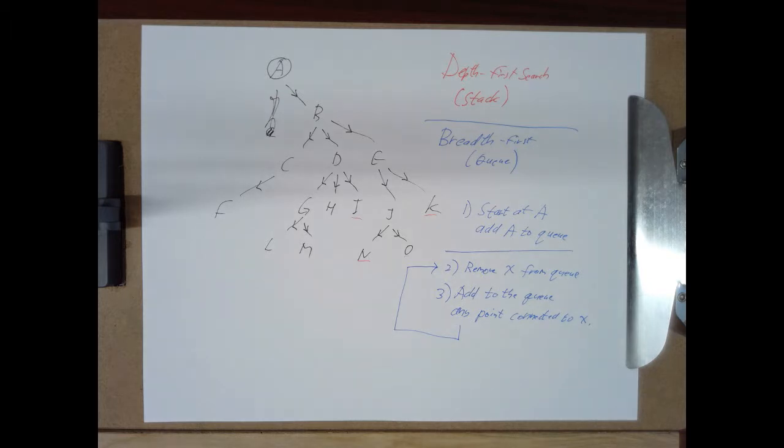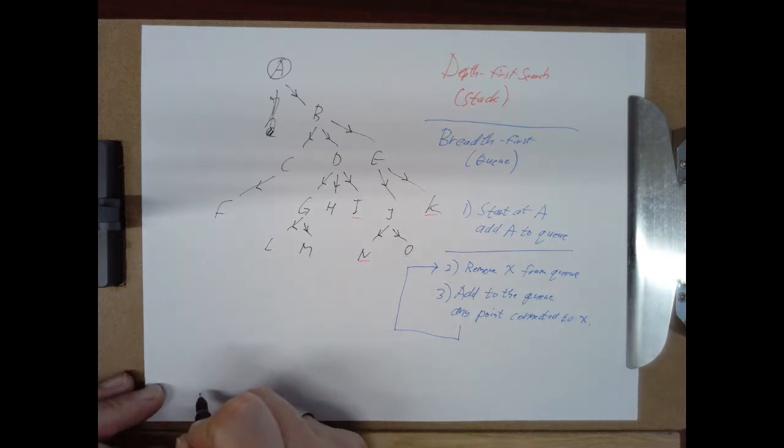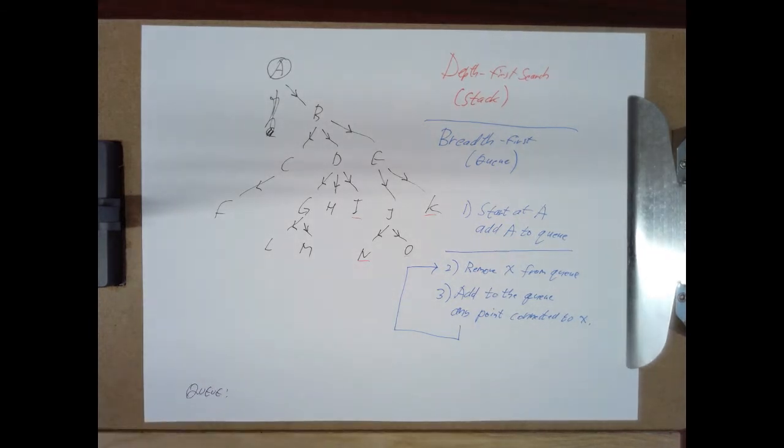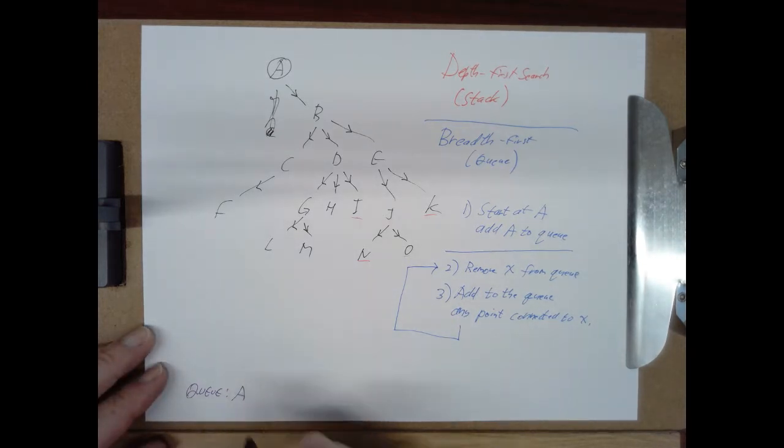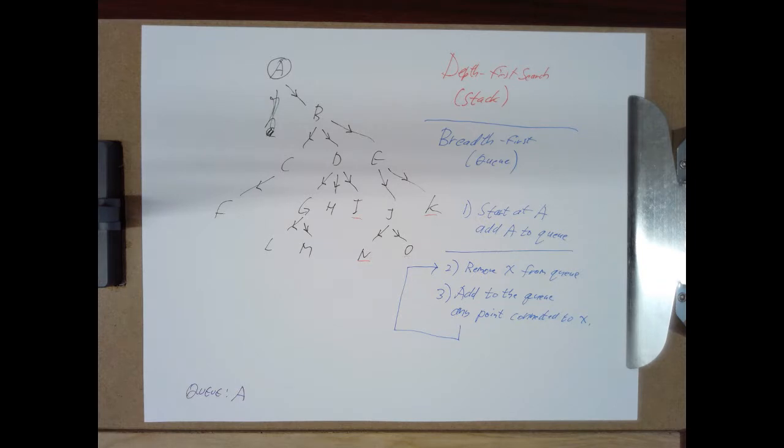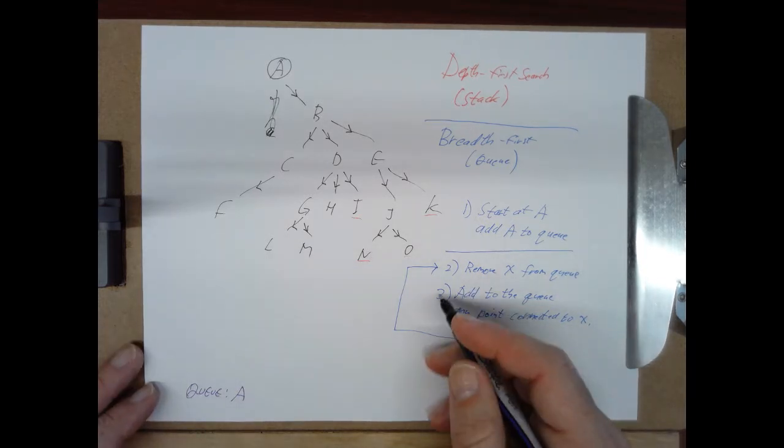So what's going to happen if we do this? Let me put our queue down here at the bottom. So the first thing we're going to do is we're going to add A to the queue. That's step 1. It's a one-time step. Okay, now we're going to iterate. So we're going to remove what's at the head of the queue.